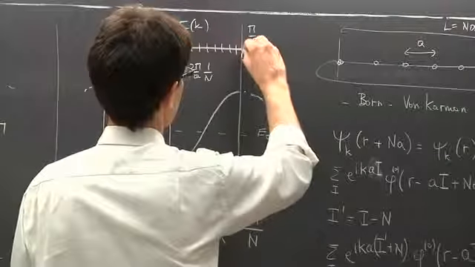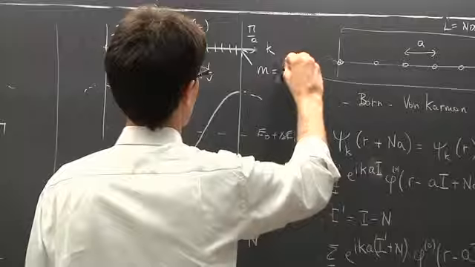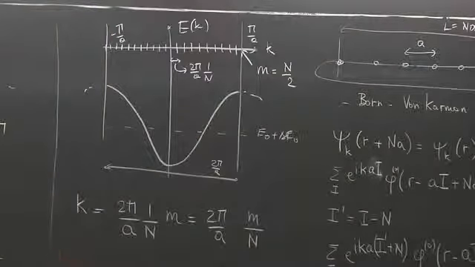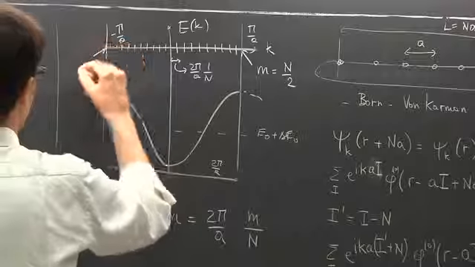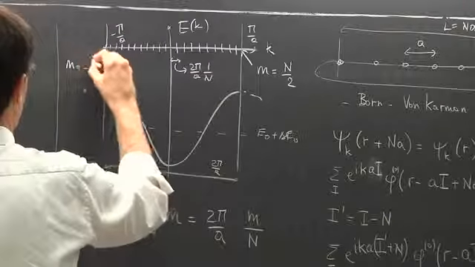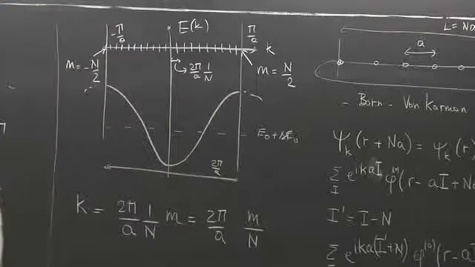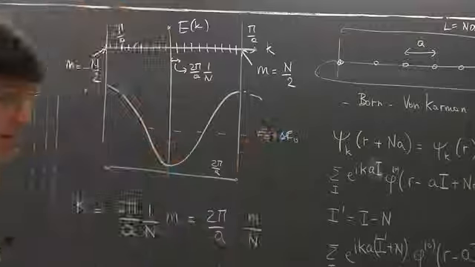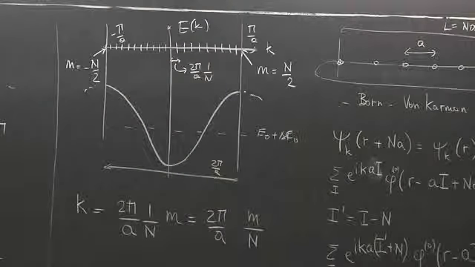This point here will be m equals capital N over 2. I'm assuming that N is even. Okay? N is large, but I can make it even. Similarly, this point here will be m equals minus N over 2. So in total, I will have capital N slices in this segment.